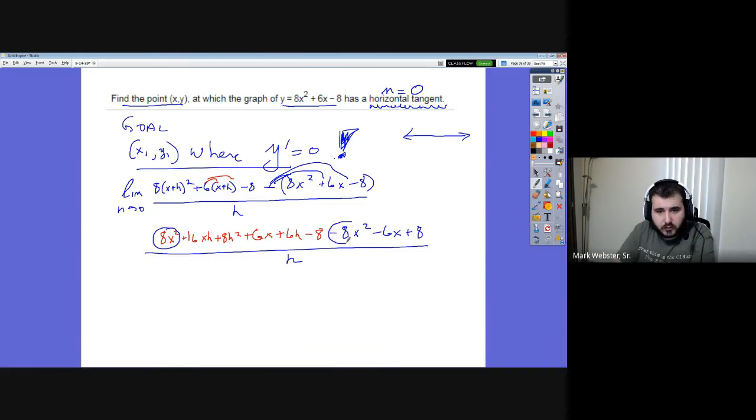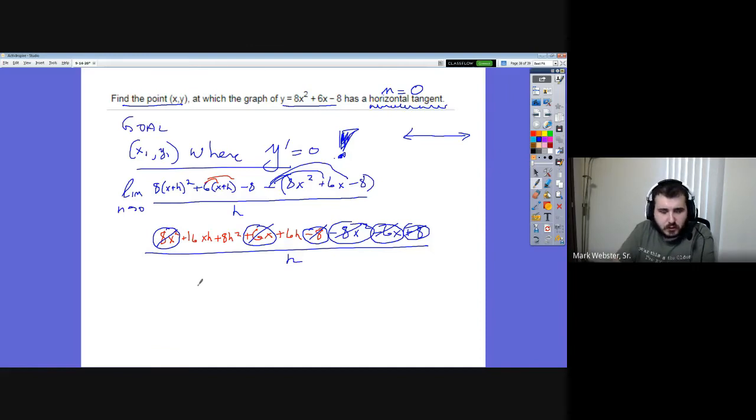There it is. Cross it out. I found that there was a plus 6x here, so there better be a minus 6x. There they are. Cross them out. There's a minus 8, so this had better be a plus 8, so we can cross them out. And look, all that's left are these terms here.